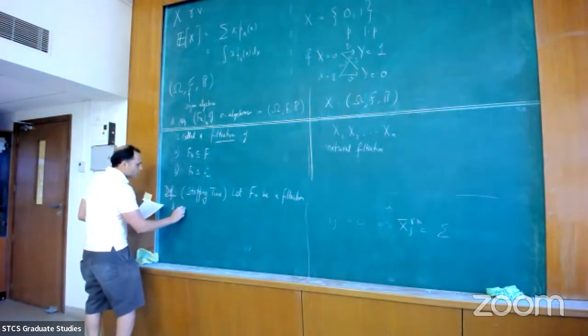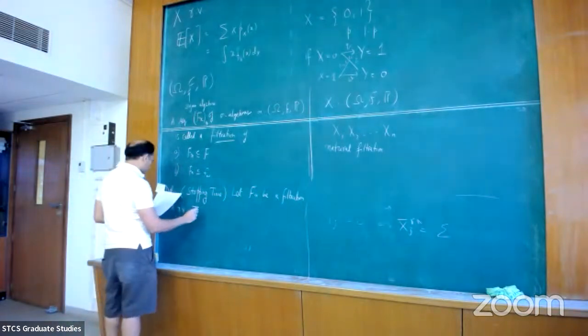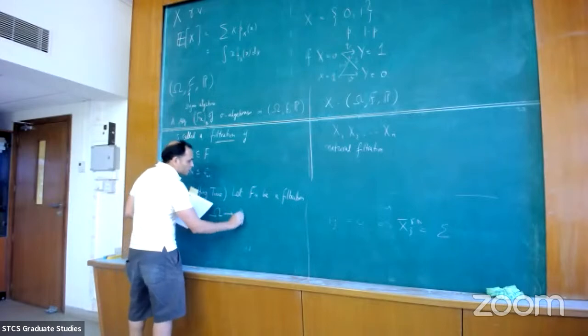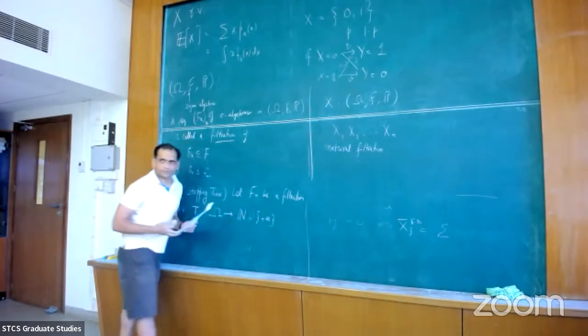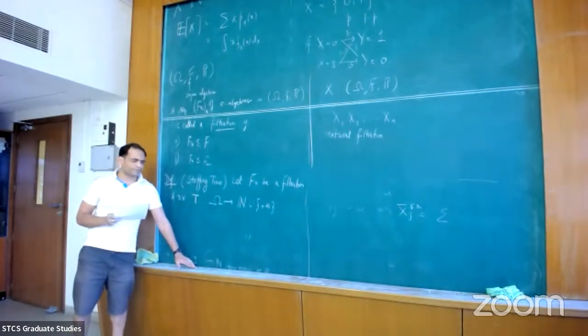A random variable, typically denoted by T or tau, I'm going to use T, from omega to the set of natural numbers union plus infinity. So not a lot, because it's going to be discrete time.